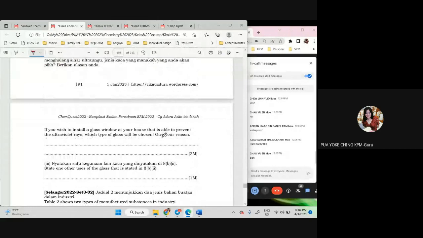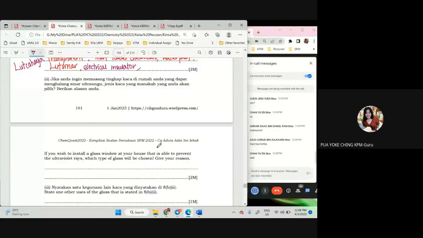Okay. Number 2. Ini saya rasa hari tu I ada tukar sikit in your trial. If you want to install a glass window at your house that is able to prevent the ultraviolet ray, which type of glass will be chosen? Give your answer.